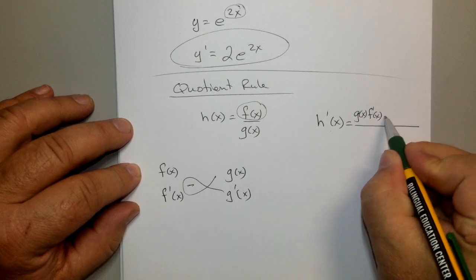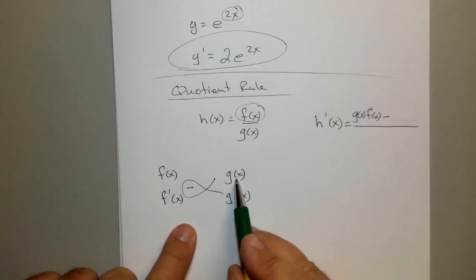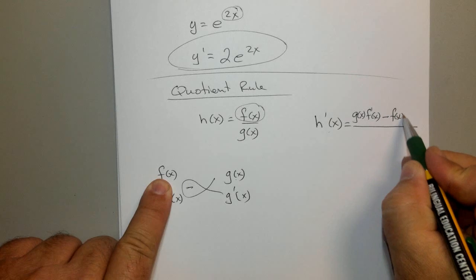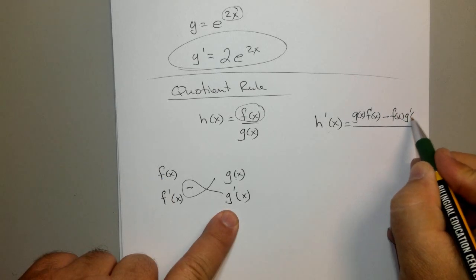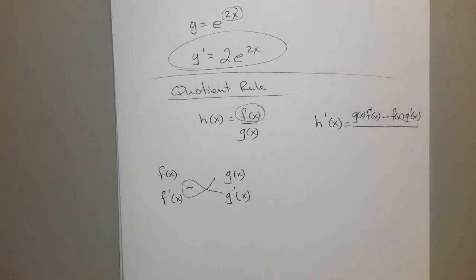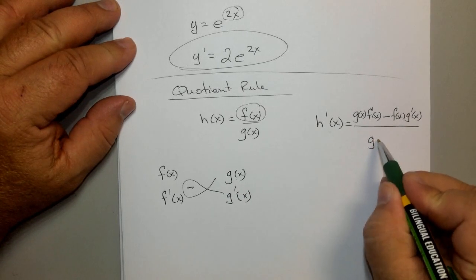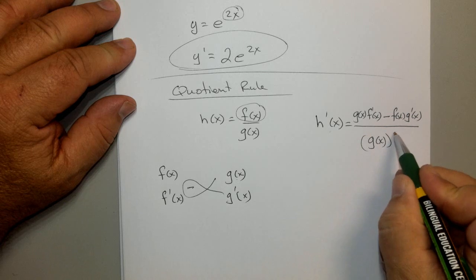Subtraction. So it's g of x times f prime minus f of x times g prime, all over the denominator squared.